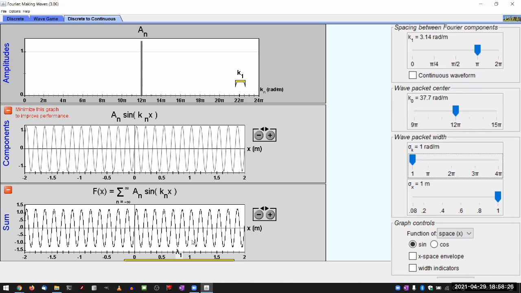It has to be in all space, because it's basically one sine function that's spread all over. So by decreasing the uncertainty in wave number, or uncertainty in wavelength, I've had to increase the uncertainty in position.